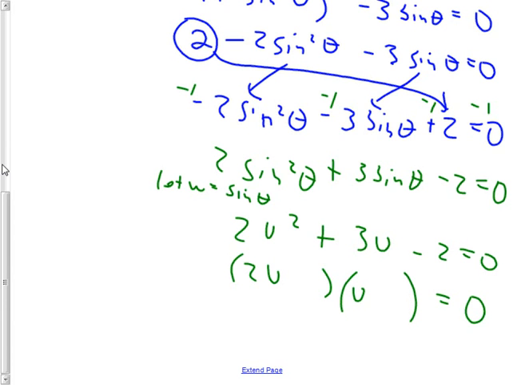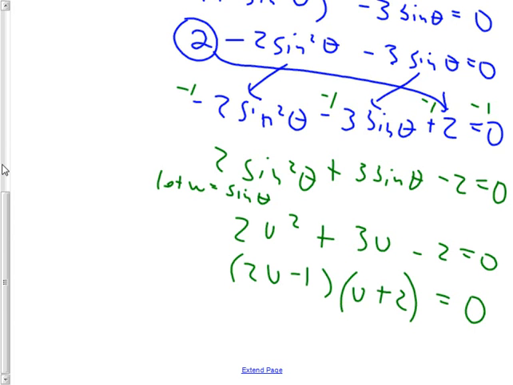Okay, I'll move that. So I'm trying to factor 2u plus, what? Minus 1, and then plus 2, thank you. Okay, so let me check that. Outside, inside, positive 4 minus 1 makes positive 3. And the last, yes, it worked.